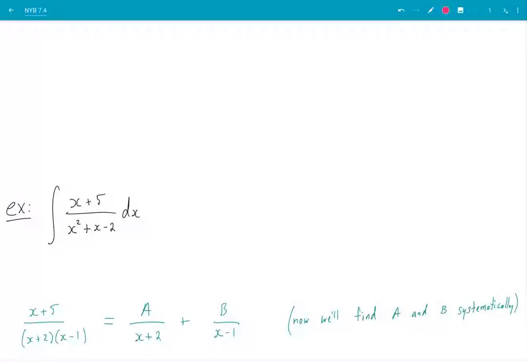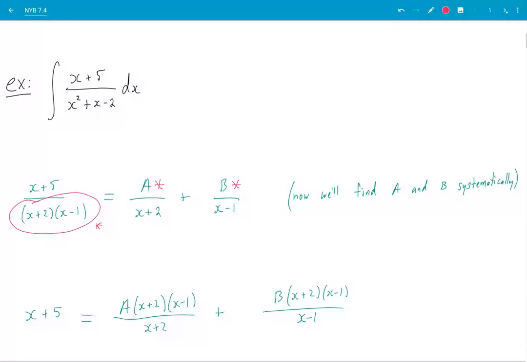Okay, so what we'll do first is clear all the fractions. So I will take this denominator here and multiply both sides by this denominator. Let's call it star. I'm going to imagine star ending up here and also ending up here. So what happens when you work it out is you get this first of all.